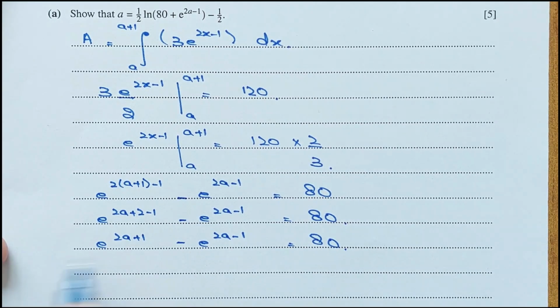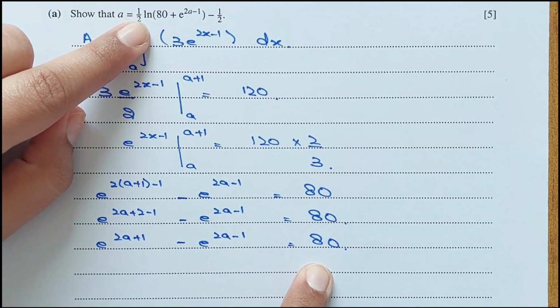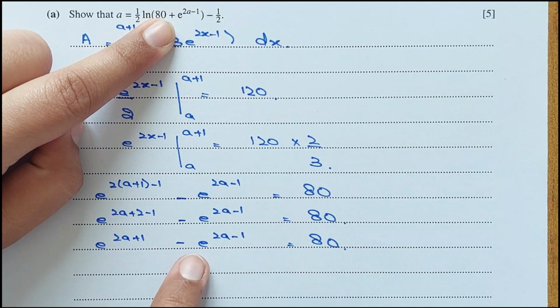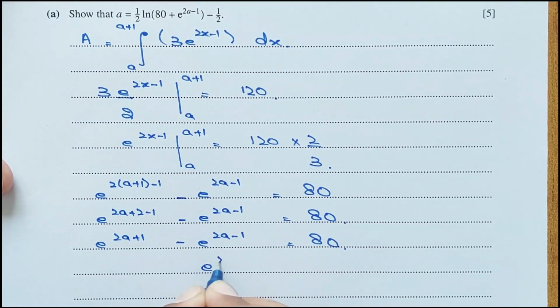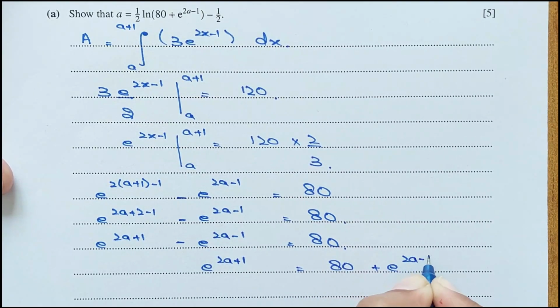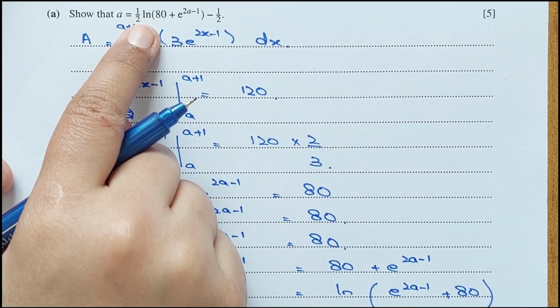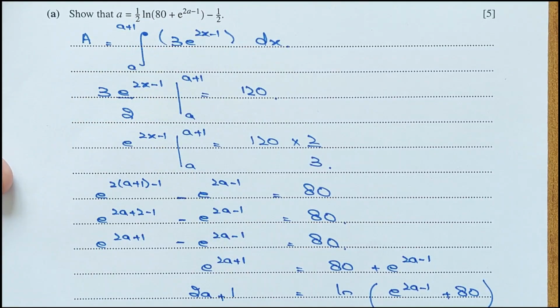So how can we rearrange this? As you can see, in the ln we have 80 and e^(2a − 1). Shifting this term to the other side, e^(2a + 1) gives me 80 + e^(2a − 1), right? Taking ln on both sides, 2a + 1 is ln of (80 + e^(2a − 1)).